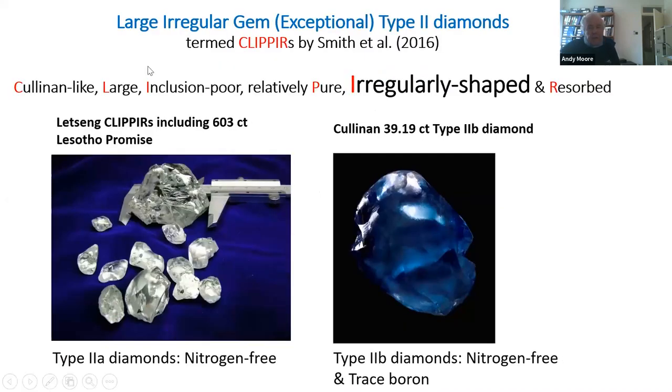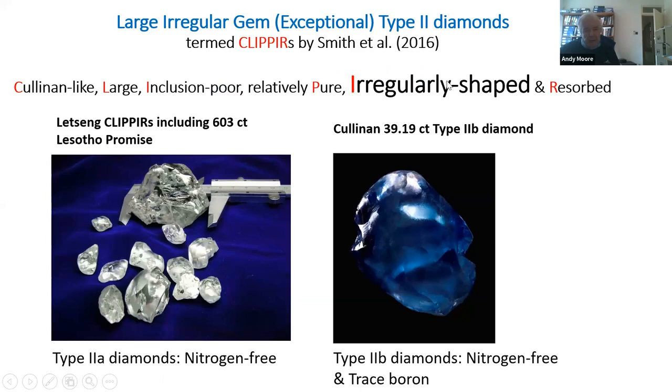Now, in a study by Evan Smith and co-workers published in Science in 2016, they coined the acronym CLIPPER for these exceptional type 2 stones, which stands for Cullinan-like, large, inclusion poor, relatively pure, in other words, nitrogen below detection limit, irregularly shaped and resorbed.